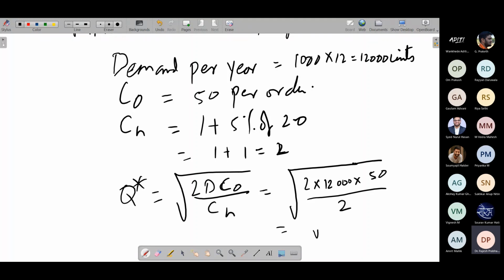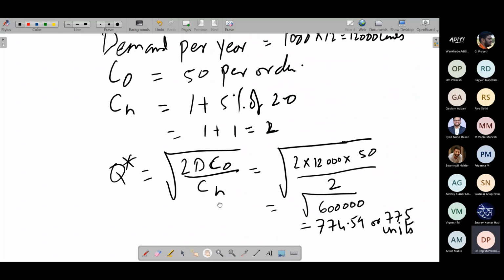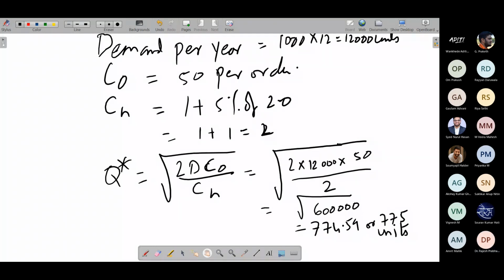This would be root of 6 lakh, which would be 774.59 or 775 units approximately. So this is going to be per year, right? Yeah, per year.